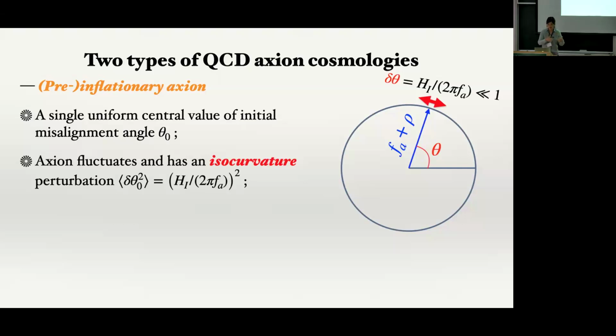Since the axion is already present during inflation, it will fluctuate, and its fluctuation is independent of the primordial inflaton fluctuations. So we call it an isocurvature perturbation. The size of this perturbation is set by the ratio of the inflation Hubble scale and the axion decay constant, which is much below 1.